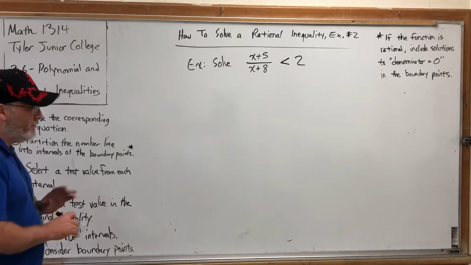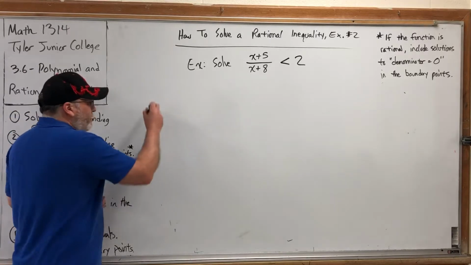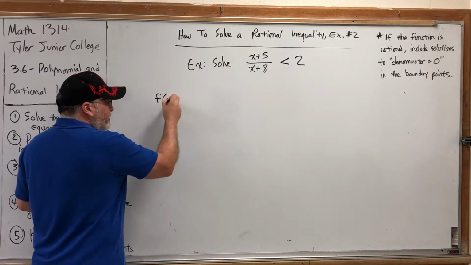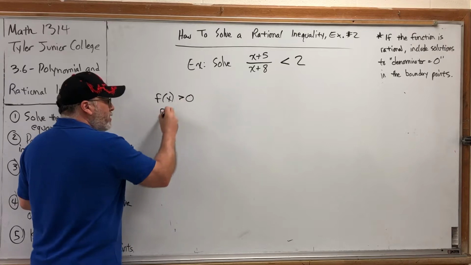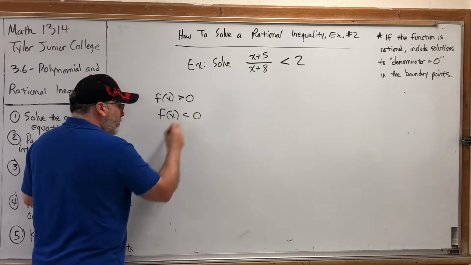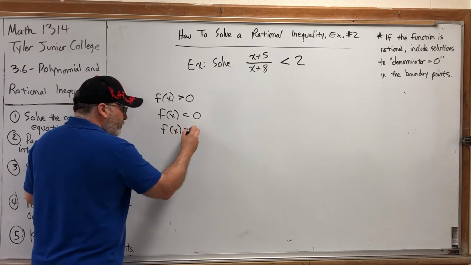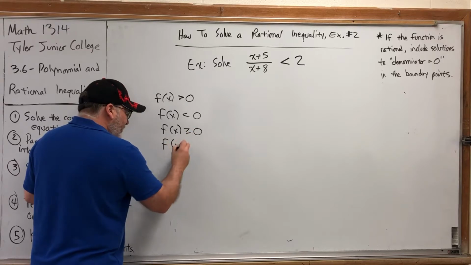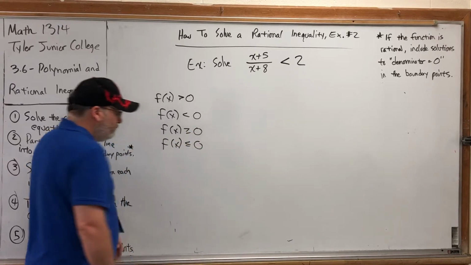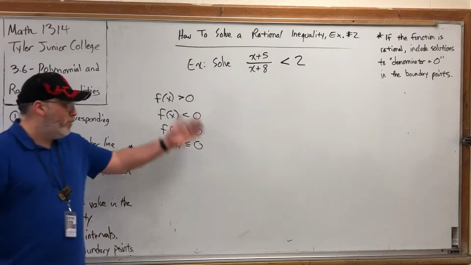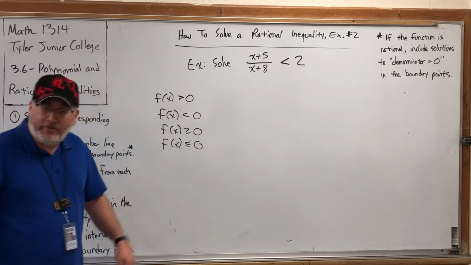In the very first video I mentioned that there were 4 versions of inequalities: a function greater than 0, a function less than 0, a function greater than or equal to 0, and a function less than or equal to 0. However, the inequality doesn't always have to have a 0 there.